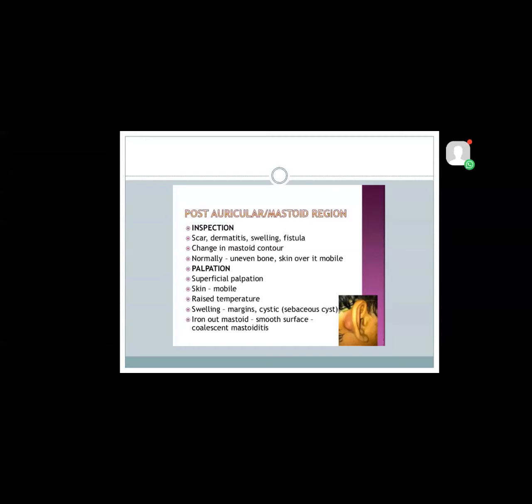So you have to look for redness of the opening of the parotid gland. Where do you expect the opening? In the buccal cavity inside, behind the second molar area. This is where you use the tongue depressor and visualize it. Okay, good. So post-auricular.